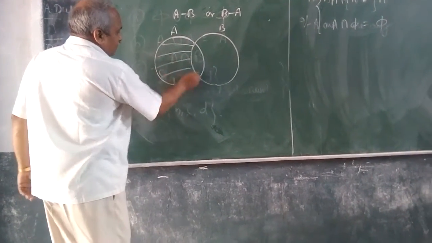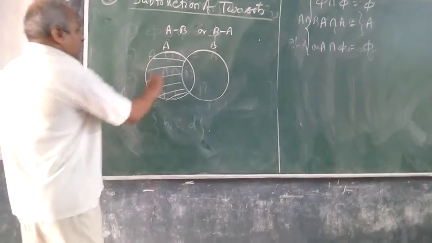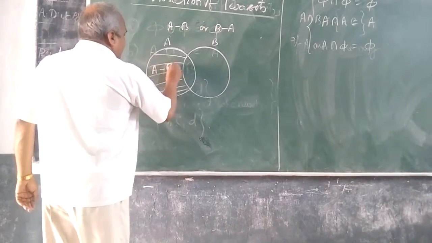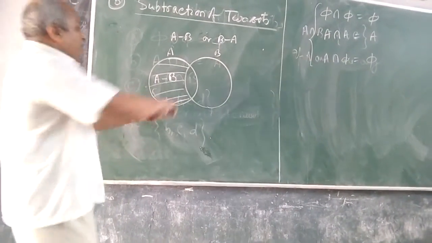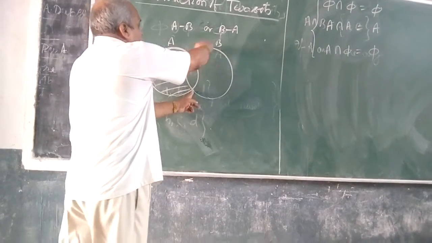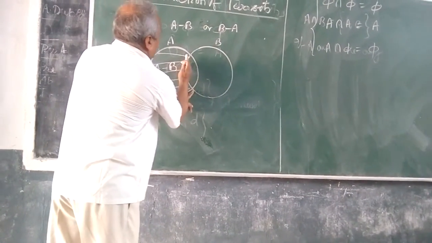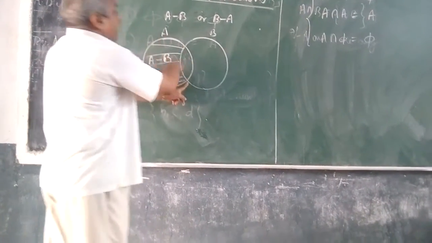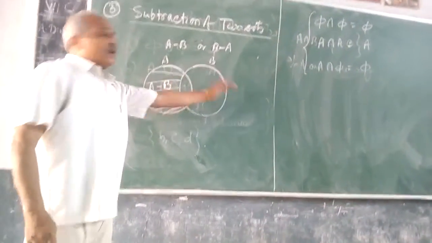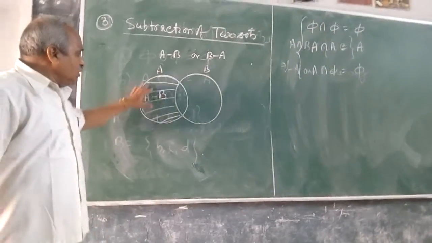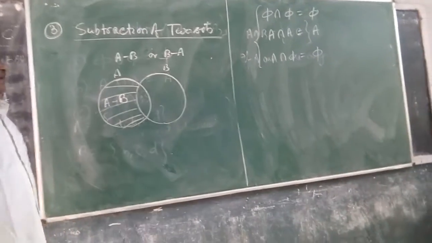This portion. Therefore, this shaded region is A minus B. B has been subtracted, meaning removed from A. Those parts of A which were in B are removed. Therefore, this shaded portion is called A minus B.